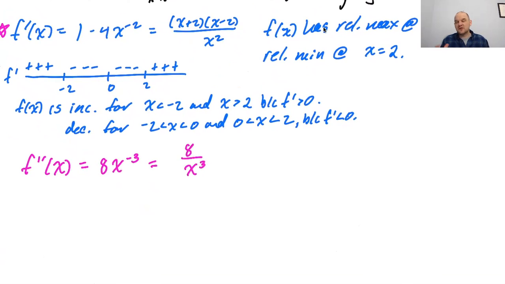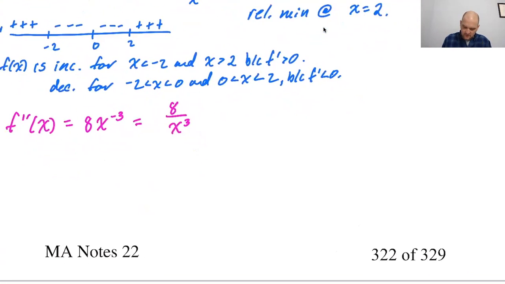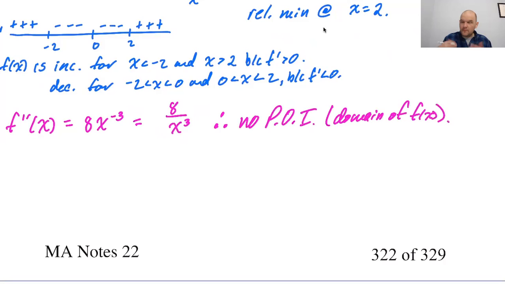The only place it is 0 or undefined is at 0, but we've already said that 0 is not in the domain, so no critical points. No point of inflection. No POI because of domain of f of x. But what about concavity?